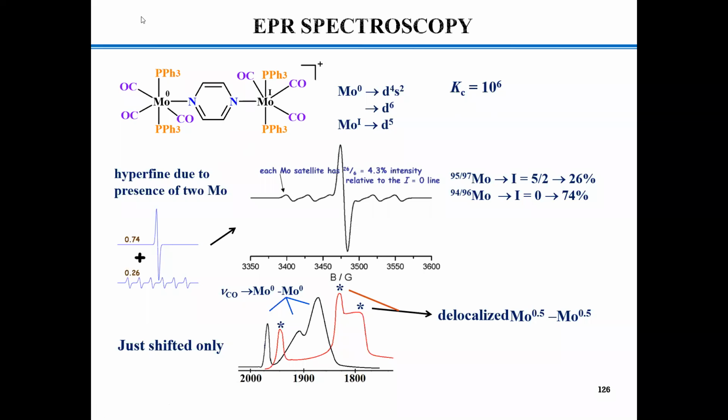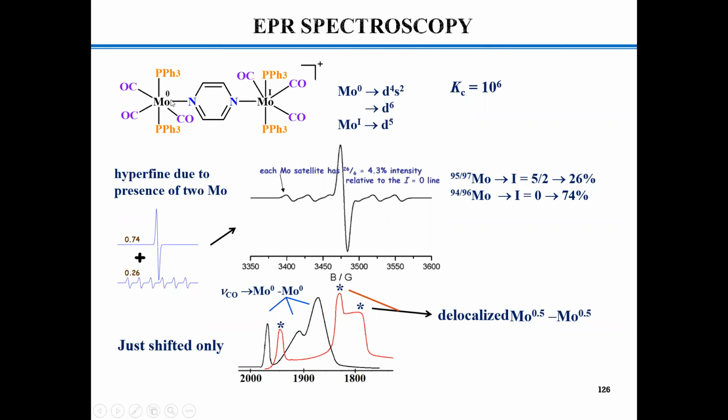Now, see, this is one of the finest examples, in my opinion. If you look at this dimolybdenum compound, which is bridged by pyrazine, these are somewhat Creutz-Taube analogs, right? Now here, if you look at the moly, each moly has the same chemical environment. Am I right? 2 phosphine, 3 CO, 2 phosphine, 3 CO, 1 pyrazine.